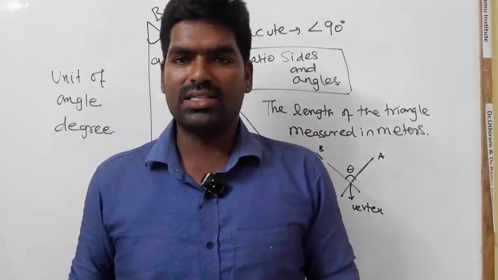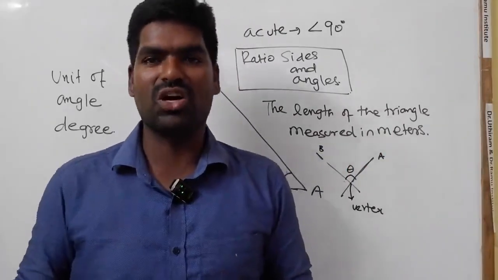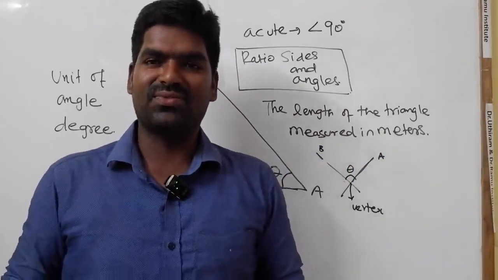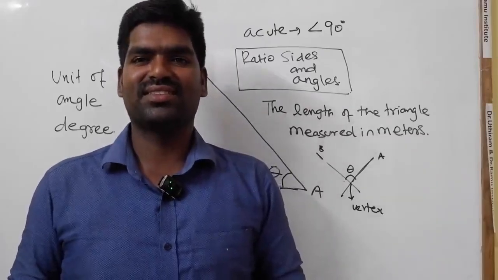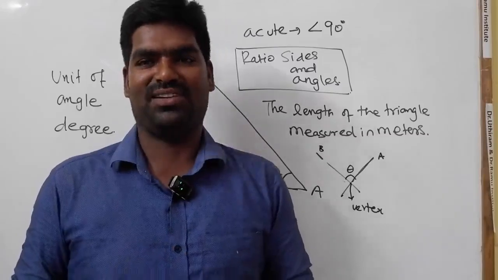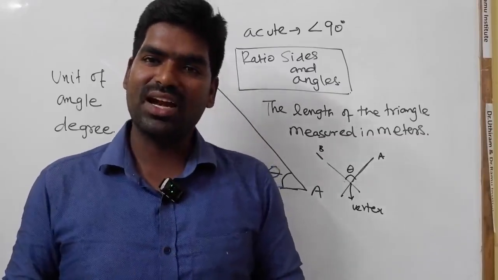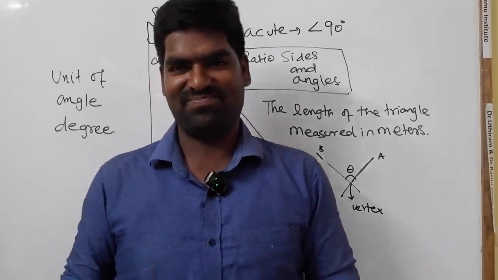Let me summarize what we learned today. The first thing is the word trigonometry. That word can be expressed in terms of triangle measurement. What is a triangle? It is a three-sided enclosed figure.